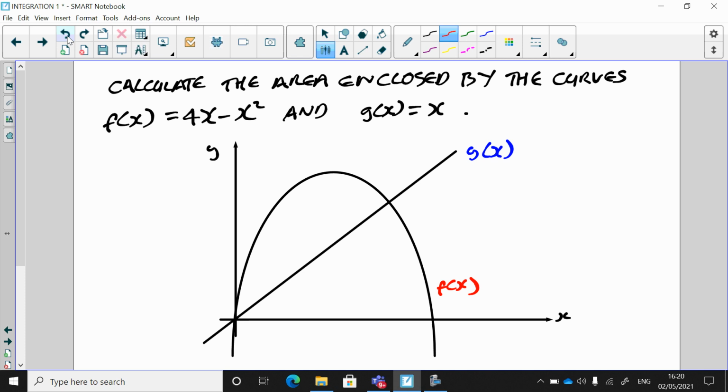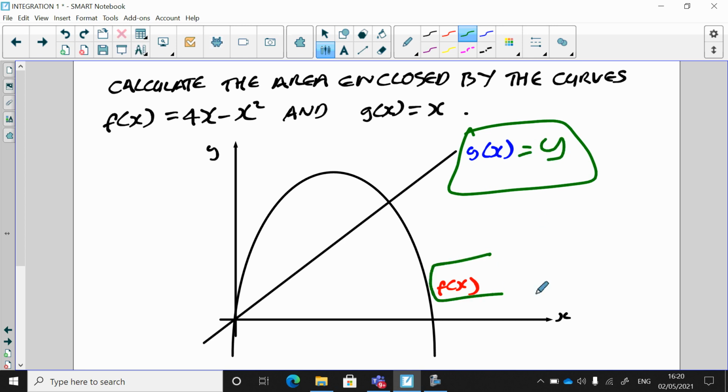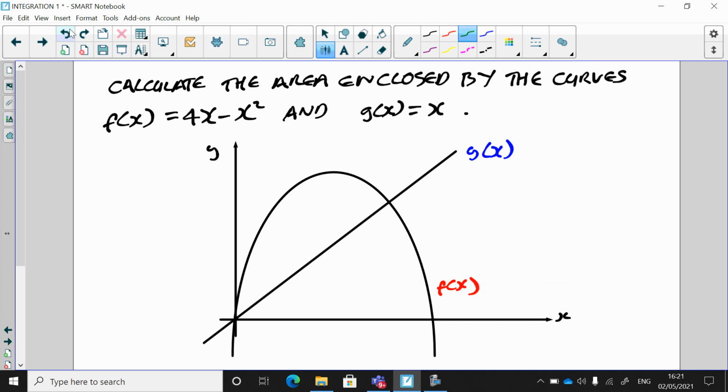Like g of x and f of x, for our purposes both of them are equal to y. Okay. Y equals that. Y equals that. That's fine. Okay.